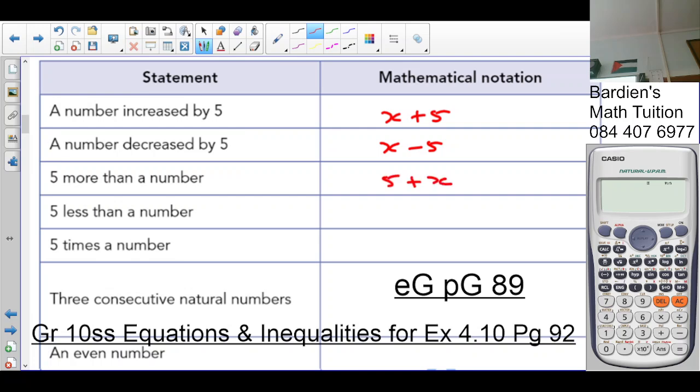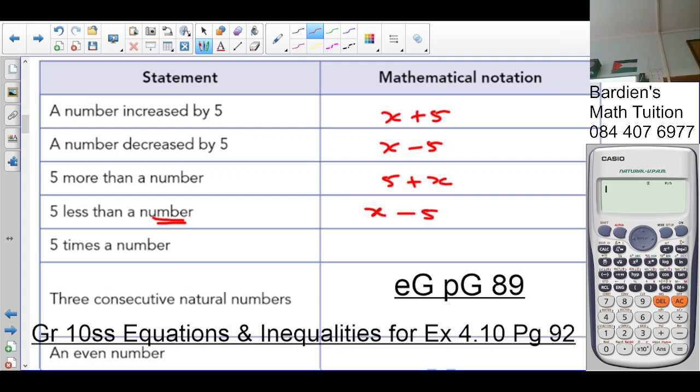5 less than a number. So it will be? Just hang on. 5 less than a number. So the number is larger. It's x minus 5.